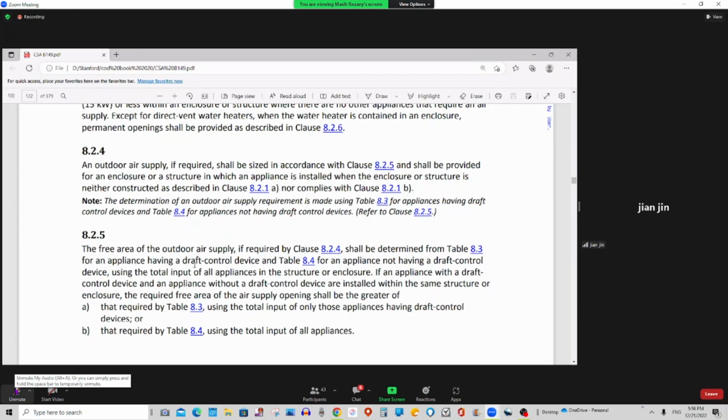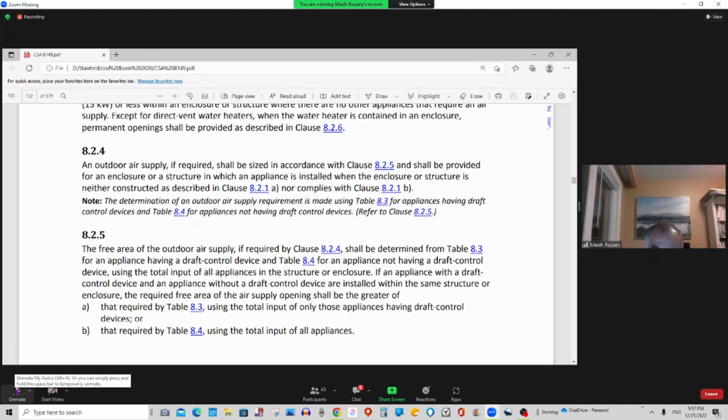If an appliance with draft control devices and an appliance without draft control devices are installed within the same structure or enclosure, the required free area of the air supply opening should be the greater of A, that required by table 8.3 using the total input of only those appliances having draft control devices, or B, that required by table 8.4 using the total input of all appliances.